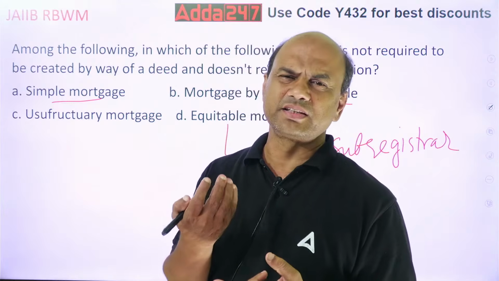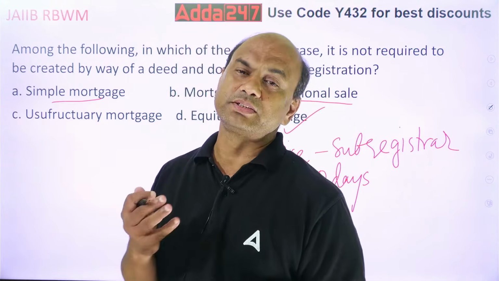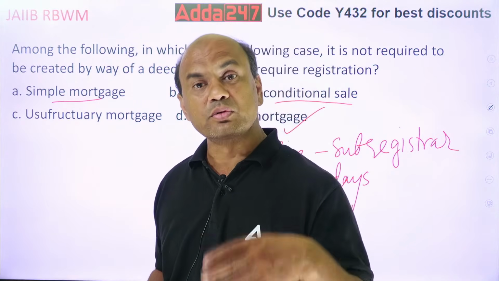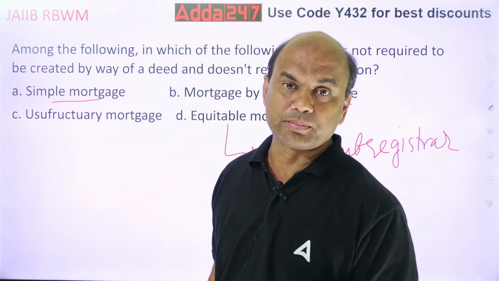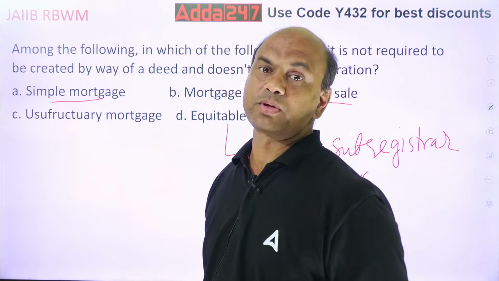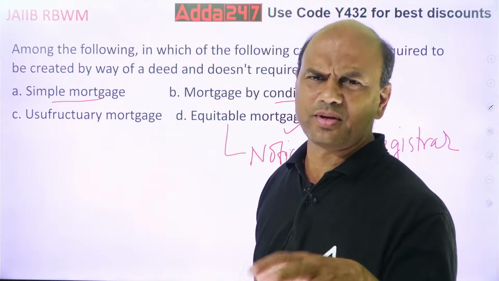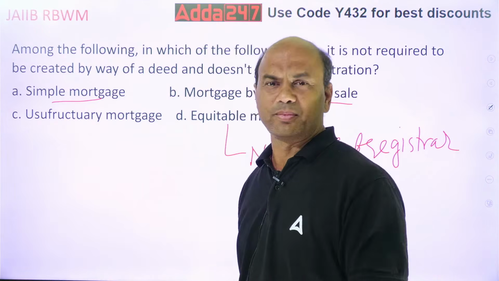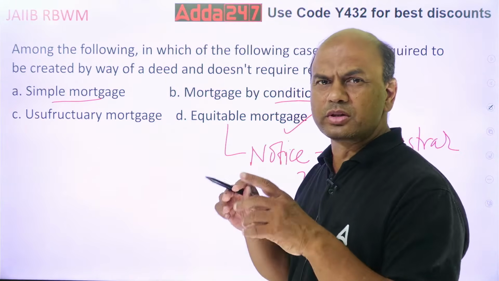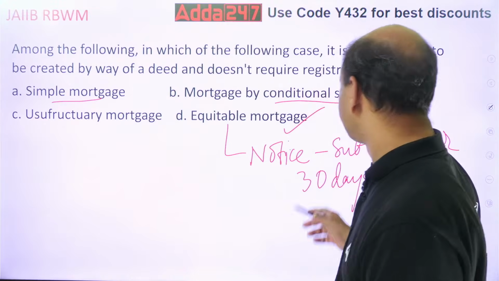Second is SARFAESI, within 30 days. Third, if it's a private limited or public limited company, then you have to give it to the ROC, Registrar of Companies, also within 30 days. So three notices are to be given, always. Just check if there is any lag in your bank. It might happen, I don't know, because nowadays after 370 everything is the same everywhere.